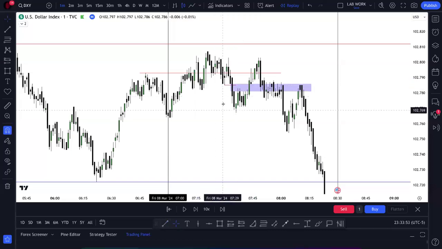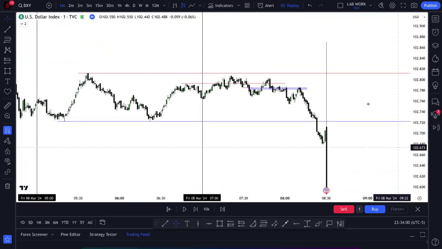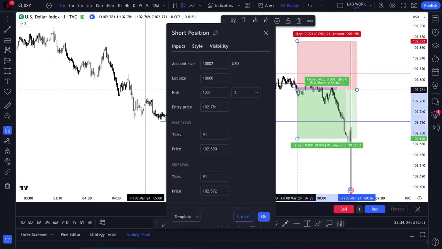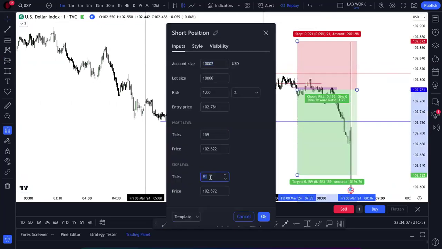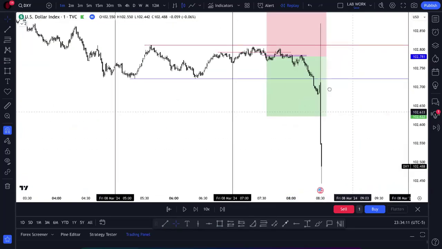That is ran through with the fair value gap, and it's inside the fair value gap. There goes the entry short, going into what? NFP. Well, who's to say you would get stopped here? Probably not. I don't think you would. I think you would be good. Yeah, you would have been solid. Look at that. TP hit. Gone.